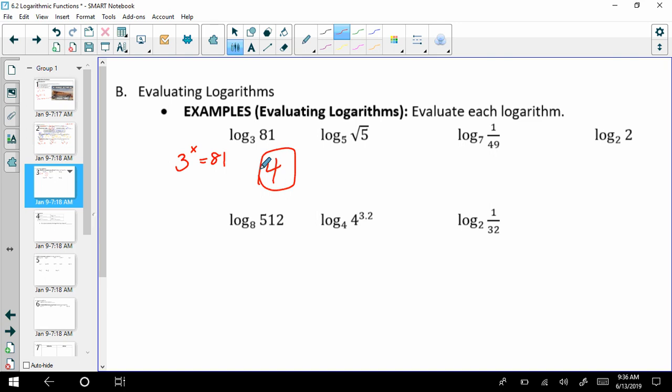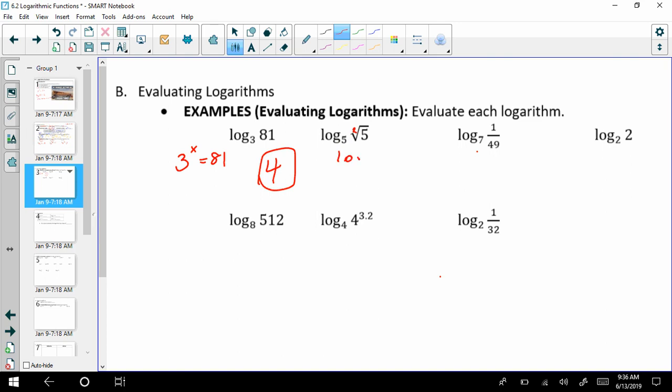Next one, log base 5 of square root of 5. Now it's been a while since we've done this, but if radicals are involved, we want to rewrite this. So right now this is a square root, so it's like there's a 2 there.